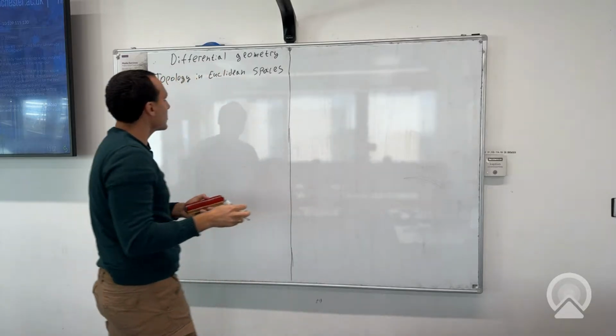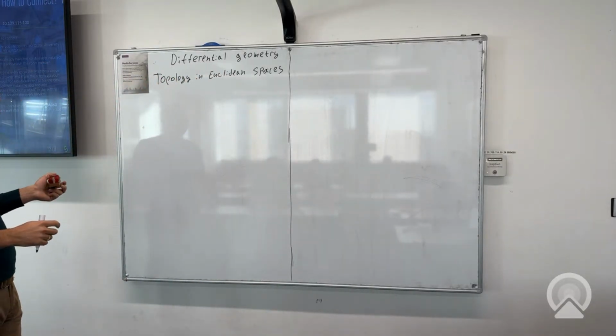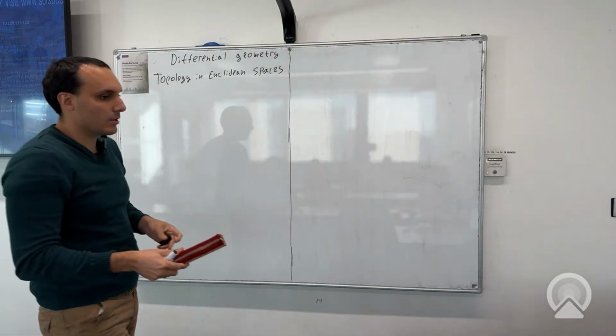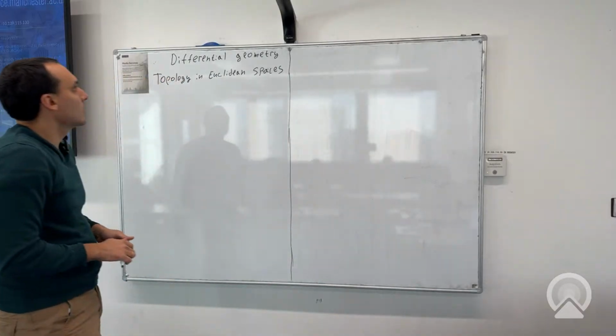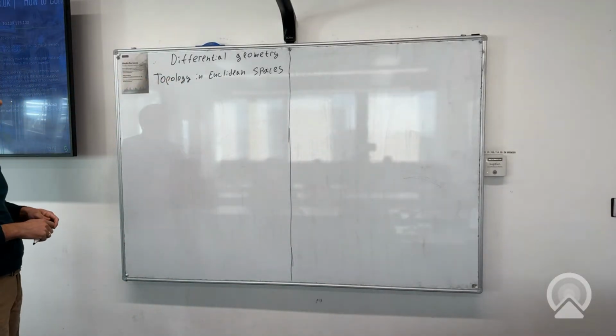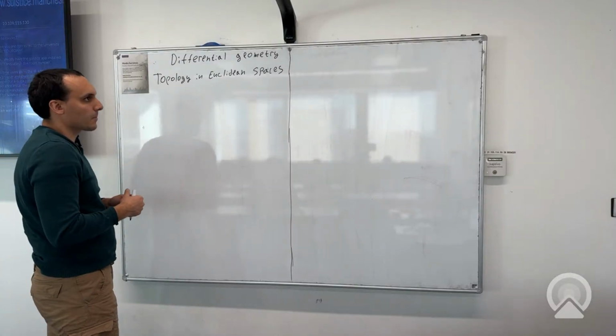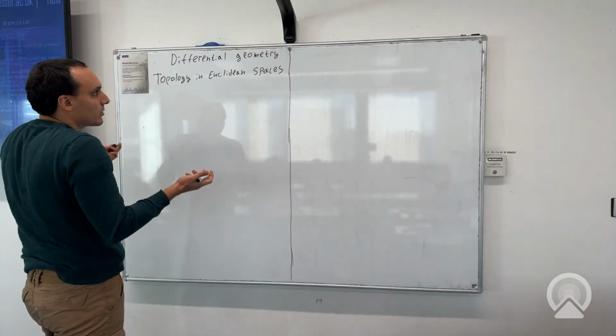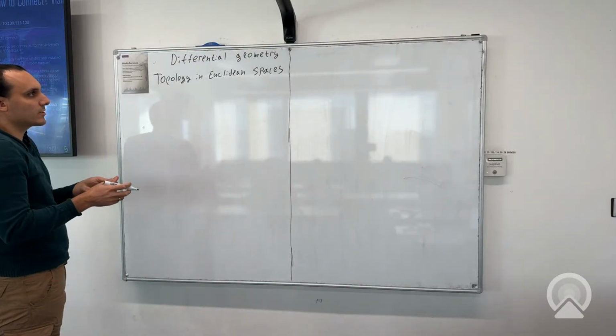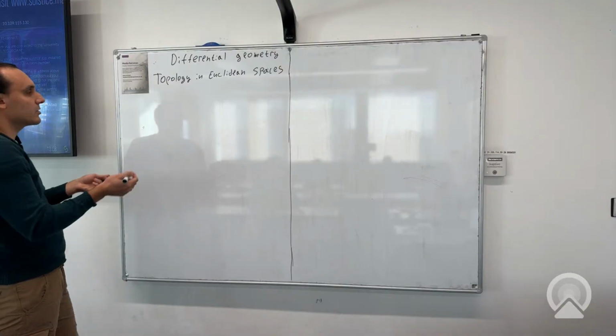So Euclidean spaces will be real n-tuples of real numbers with the Euclidean metric. So let's define first of all what a ball is, which is the defining feature of that metric.